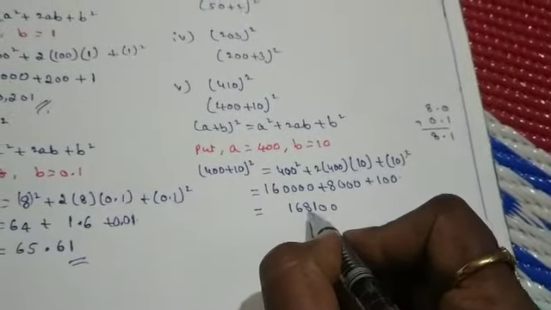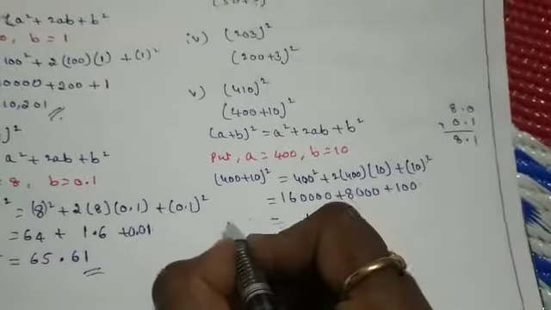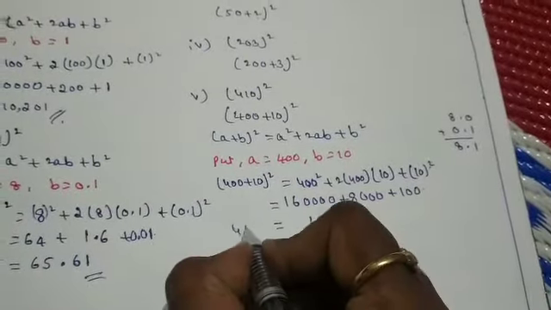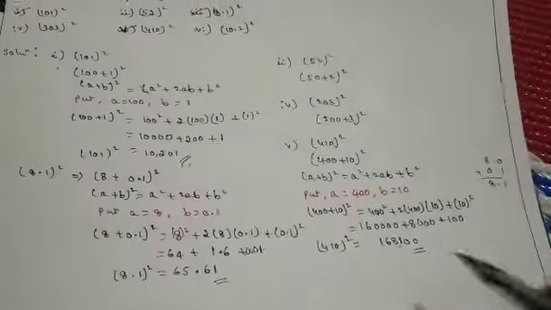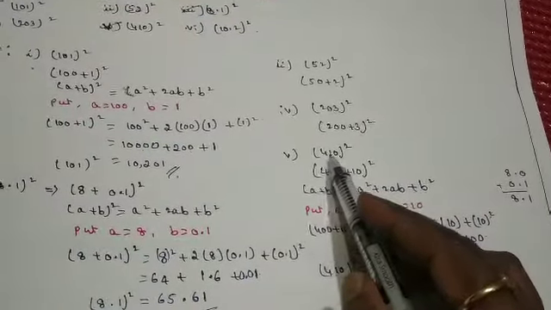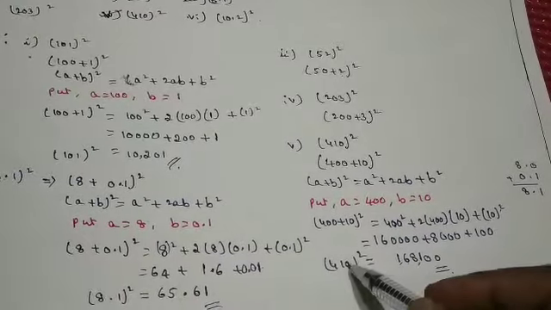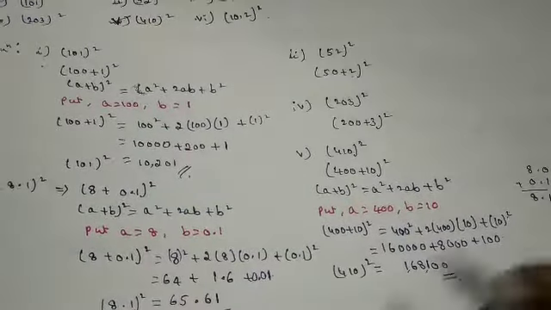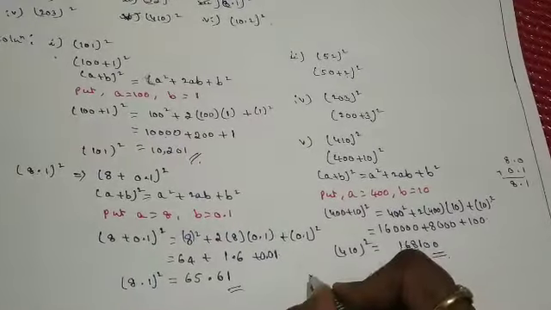What will you get here? 1,68,100 for 410 square. Or the simple way you can do is, 410 is nothing but, first consider 41. 41 square is 1,681 and single zero, double time. So 1,68,100.